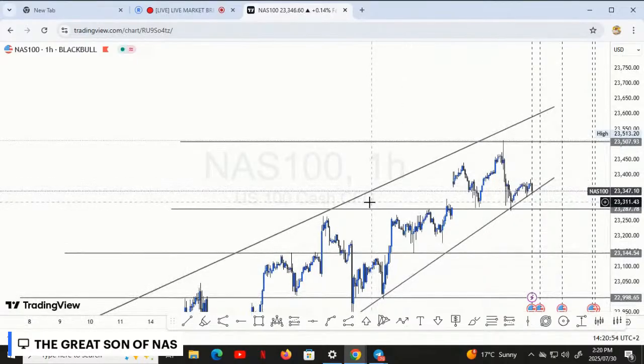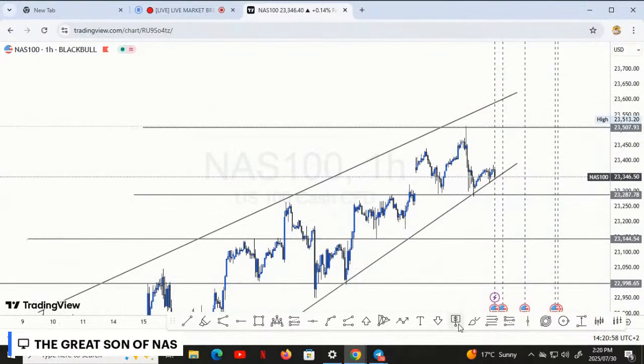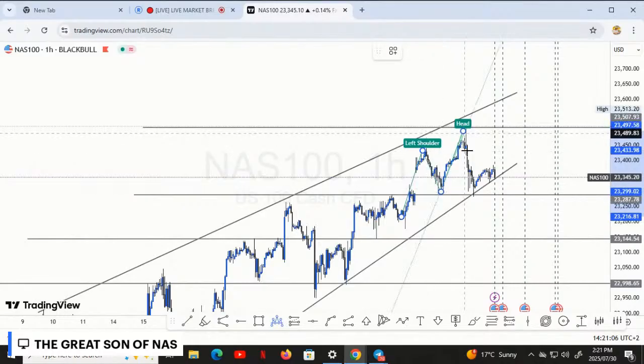So on the one day, what I see personally is just head and shoulders. So head and shoulders setup. I just have a perfect entry on this head.